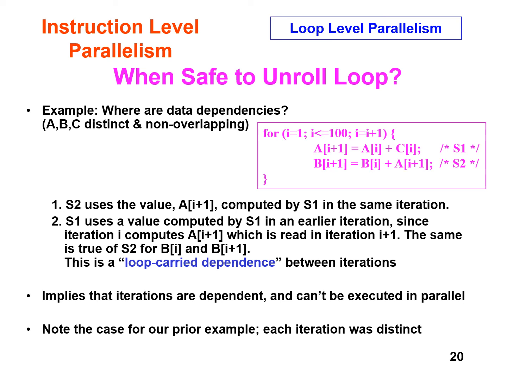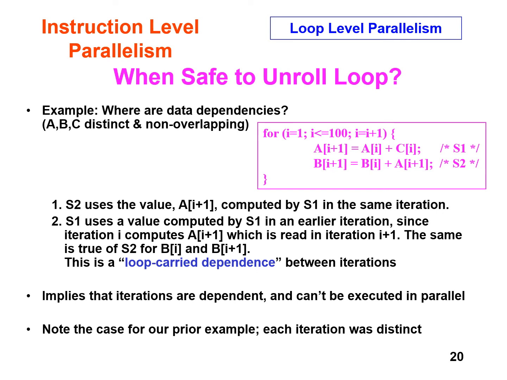Statement 2 uses the value A of I plus 1, which is computed by statement 1 in the same iteration. So A of I plus 1 is computed in statement 1, which is used by the upcoming instruction S2. S1 uses the value computed by S1 in the earlier iteration, since iteration I computes A of I plus 1, which is read in iteration I plus 1. The same is true for S2 for B of I and B of I plus 1.